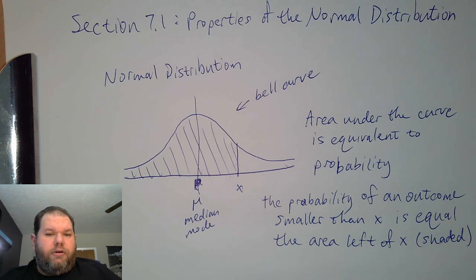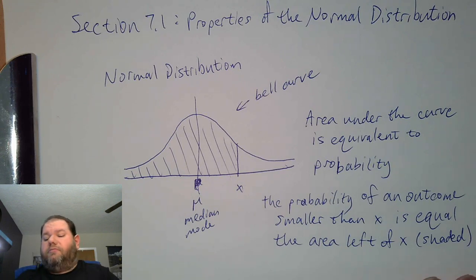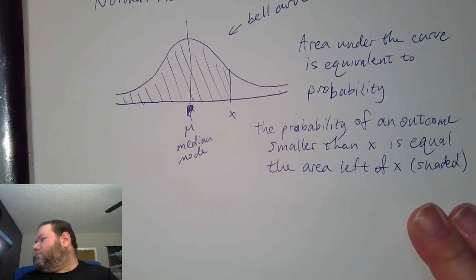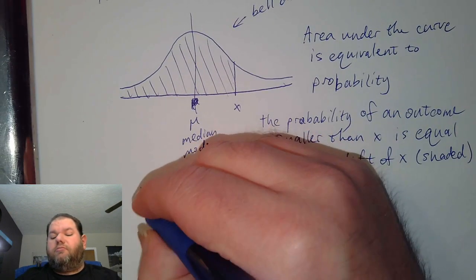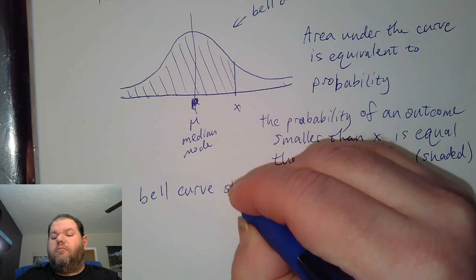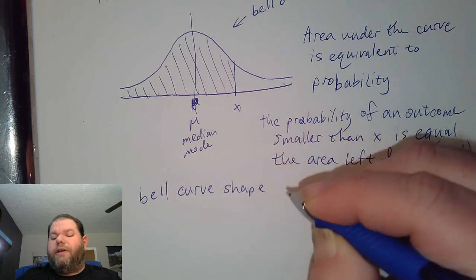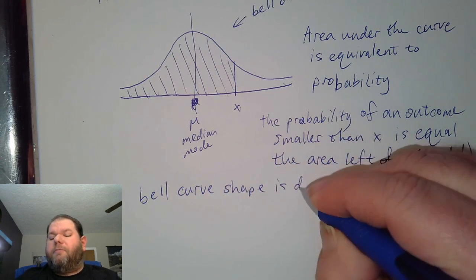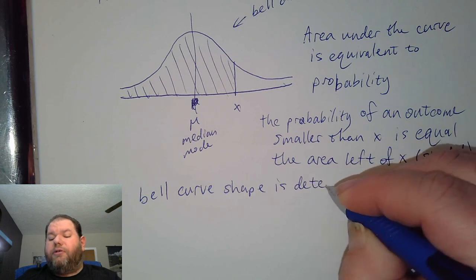The shape of the curve is somewhat dictated by the mean and the standard deviation. So the bell curve shape is determined by the mean and the standard deviation.